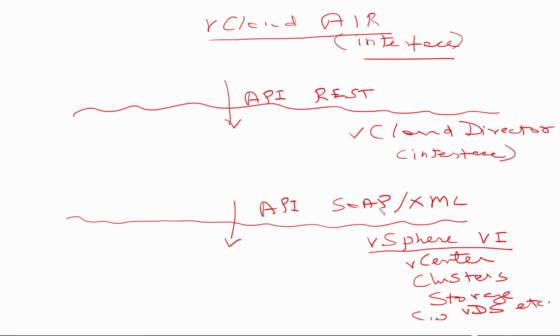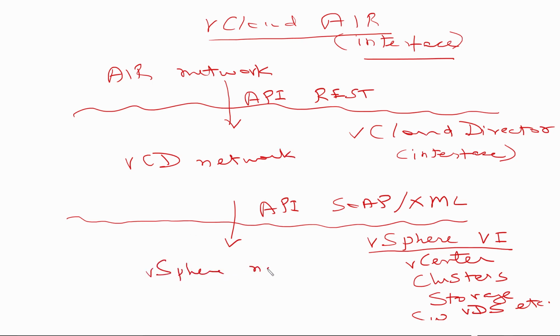Okay, so with that, we will now move into vCloud Air networking. But before we go there, let's just take one more quick look. Since we're going to talk about networking, there is the Air visualization of the networking. So there's the Air version of the network. Then of course we have the vCloud Director version of the network, and then of course we have the vSphere version of the network.